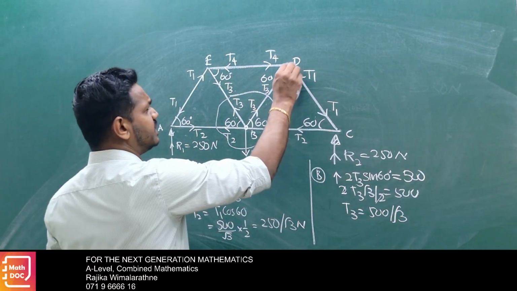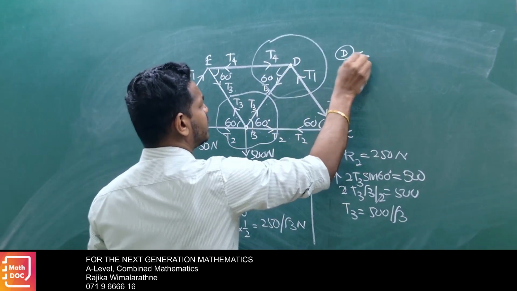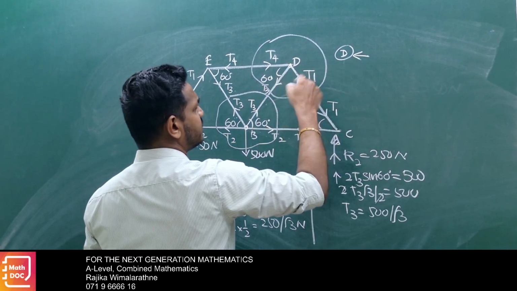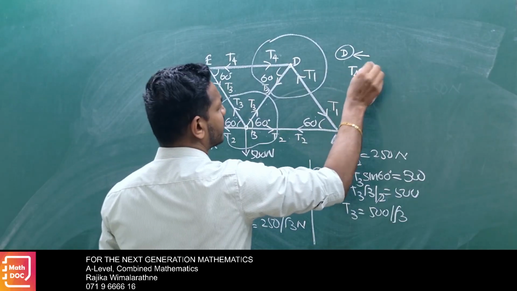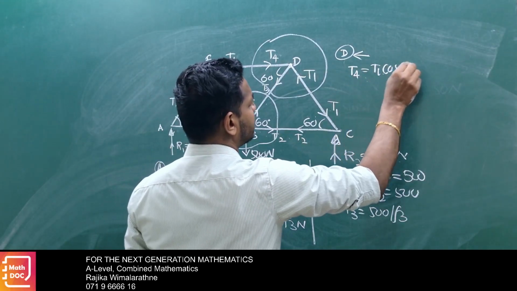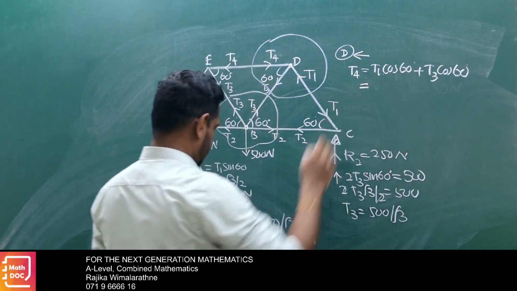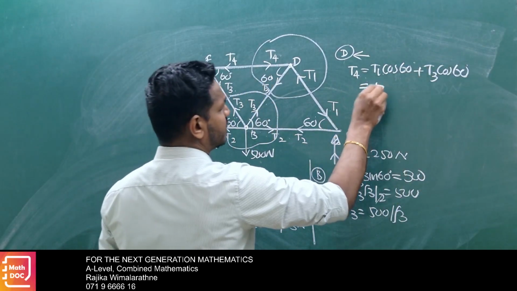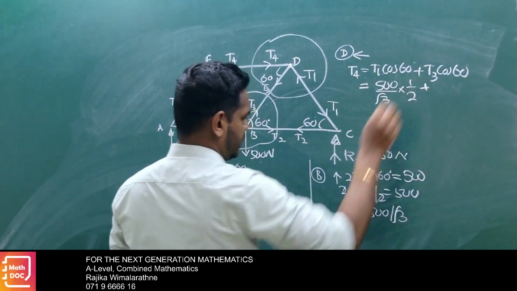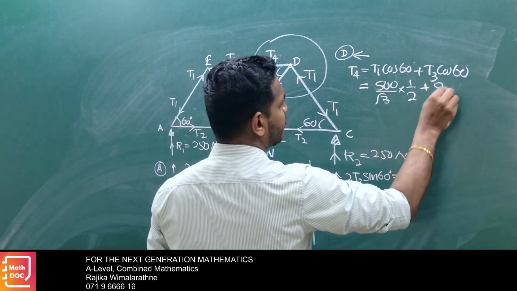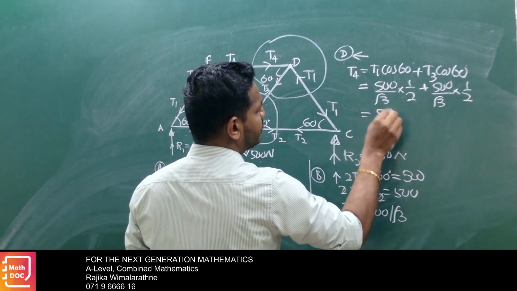Then consider vertex D. Resolve horizontally, T1 cos 60 plus T3 cos 60 equals T4. T1 is 500 over root 3, T3 is 500 over root 3. It is 500 over root 3.